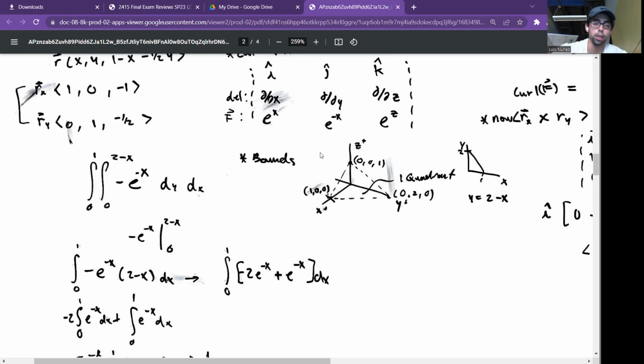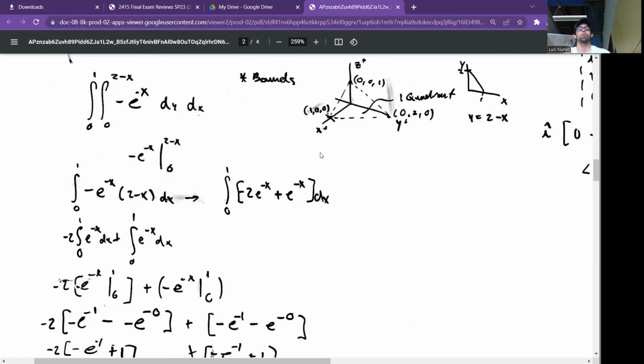I inputted that into our domain, ended up getting negative e to the negative x, dy dx. Then I integrated that first part, which ended up just giving me my y. I incorporated that y. Now I have the integral from 0 to 1 of negative e to the negative x, 2 minus x, dx.